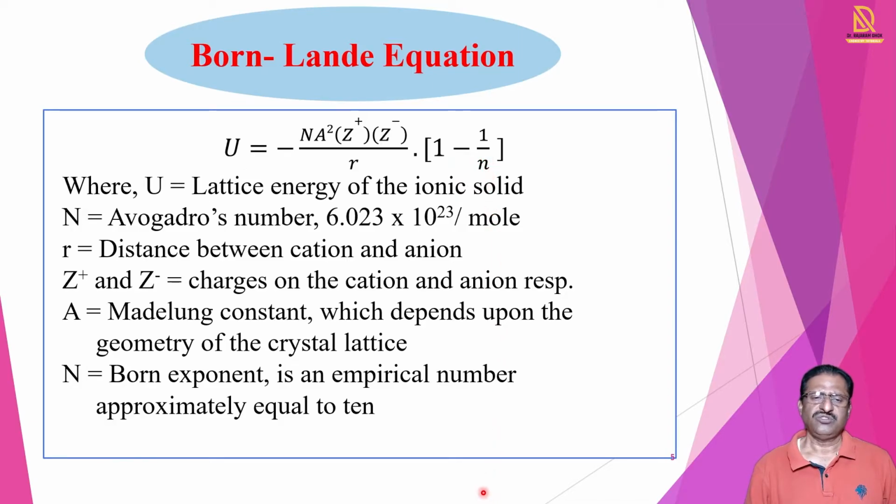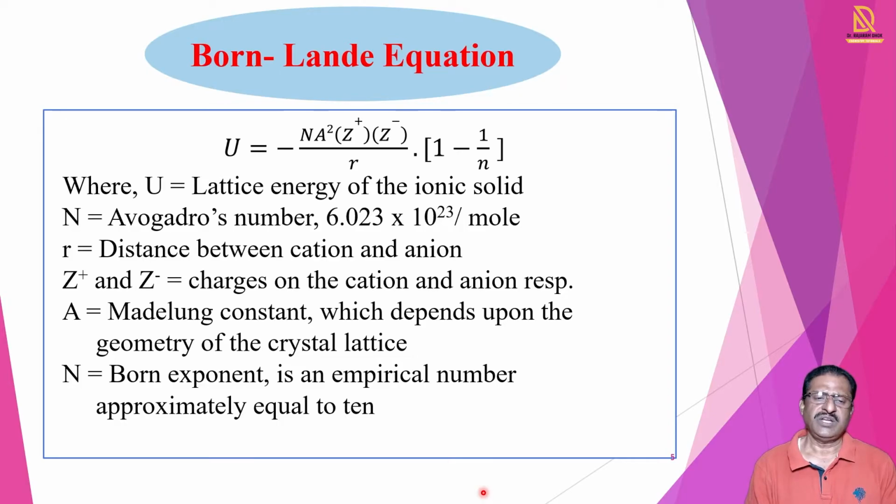In this case, U is the lattice energy of that ionic solid. Capital N means Avogadro's number, and we know that Avogadro's number is a constant value. Its value is 6.023 into 10 raised to 23 per mole.